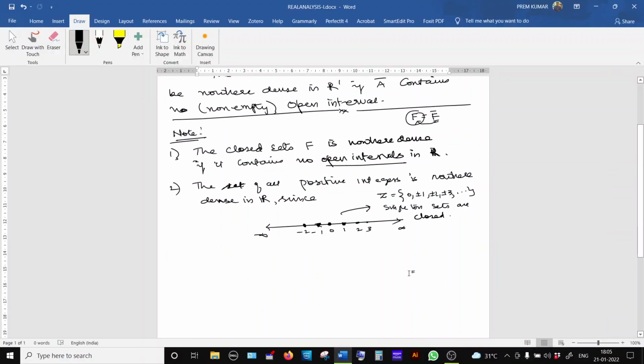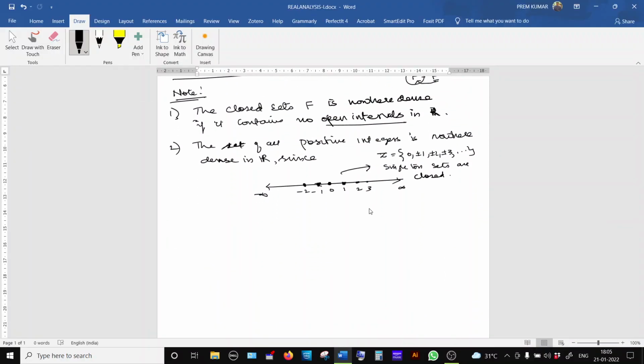Suppose these two elements are there; overall the set of all integers cannot contain any open interval.